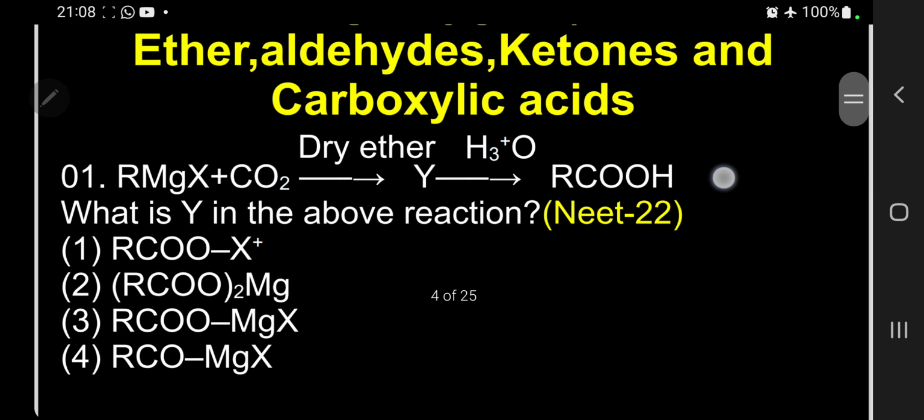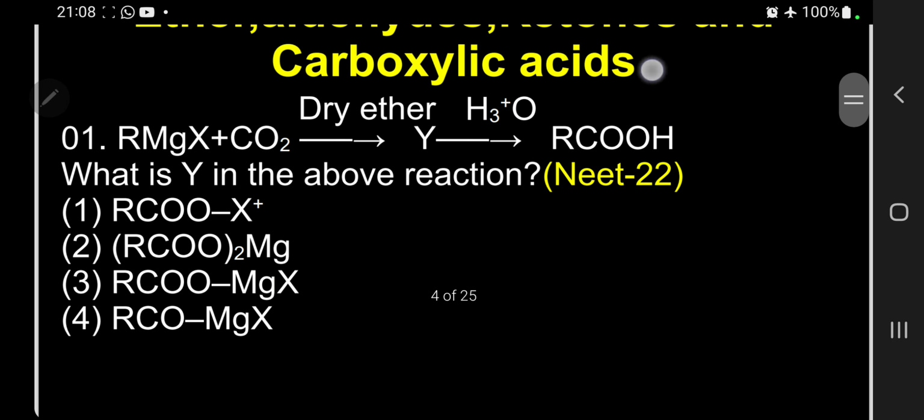Question number 1. This is asked in NEET 22. This question is coming under carboxylic acid. The question: RMgX plus CO2 gives Y, on hydrolysis in acid medium gives RCOOH.